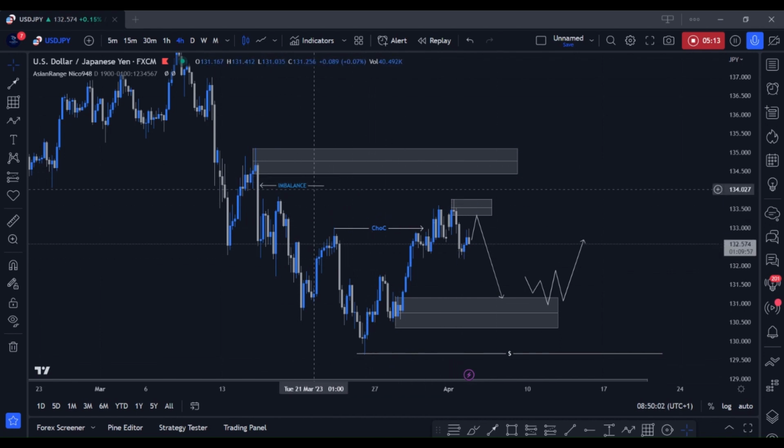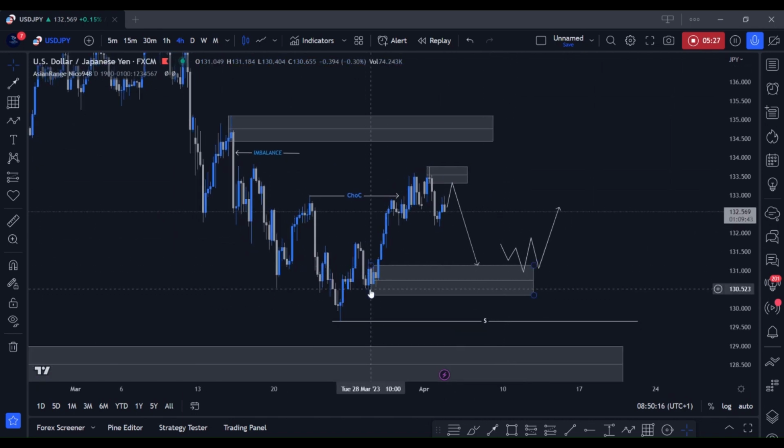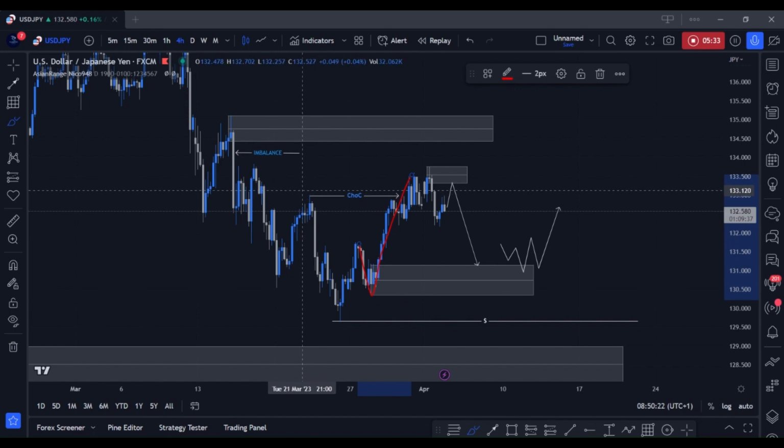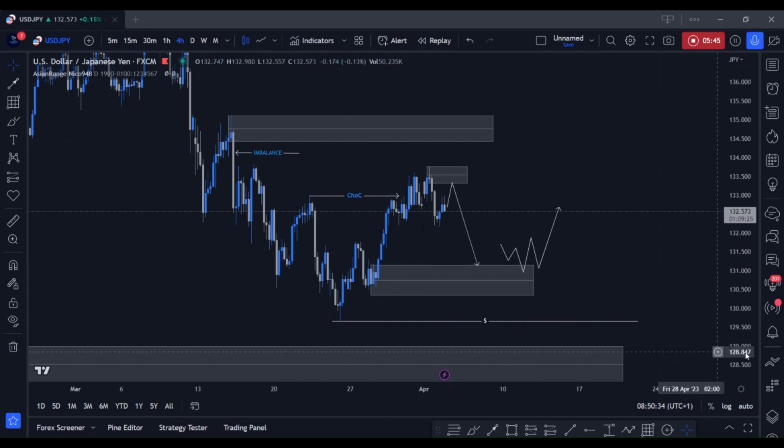So I'll be expecting price to go and touch this supply zone, and come to our area of interest, as this was the last order block, the last sell to buy candle, which caused price to break this swing point that we have here. So it's very important to notice these things and mark them out so that it makes it easier when price comes to your area of interest.